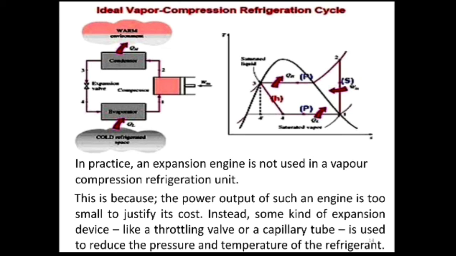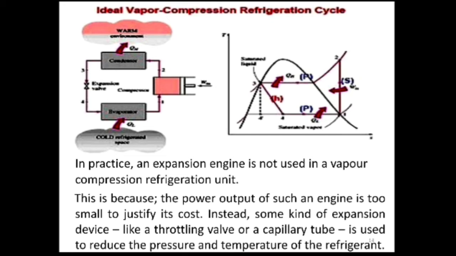As I told you, the main drawback of the reverse Carnot cycle is that the compressor has to handle two-phase refrigerant, which is very difficult, right? So here, instead of two-phase refrigerant, we will make the compressor work with only vapor, a single state refrigerant. That is the main advantage of the VCR cycle. That is what makes it highly efficient and very much famous.